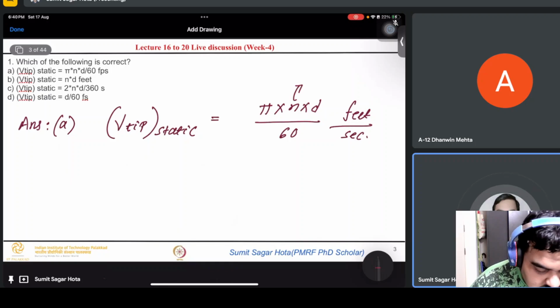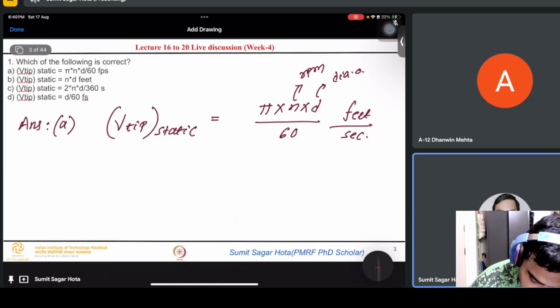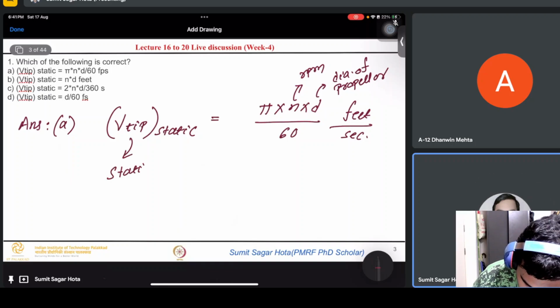N is the RPM and D is the diameter of the propeller. And this is just static speed.